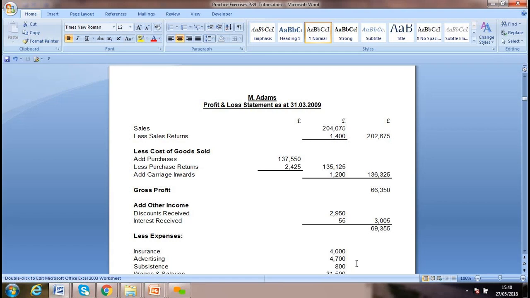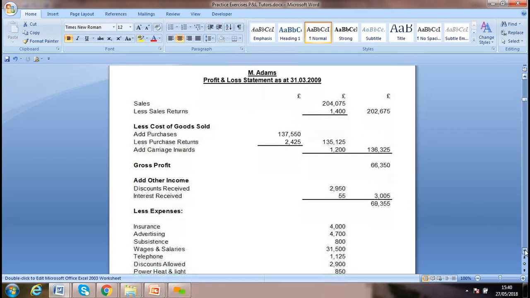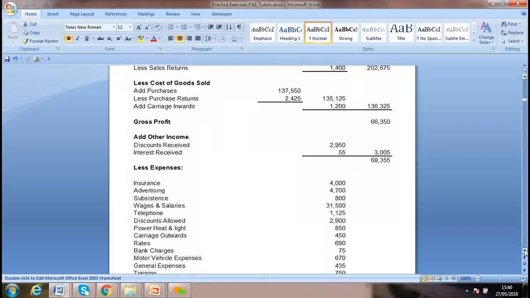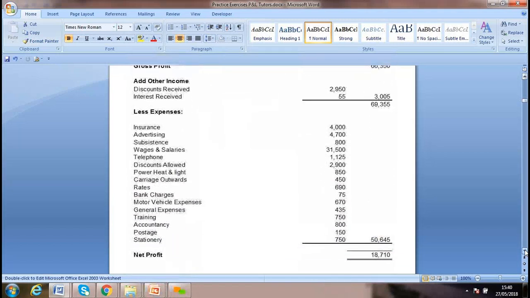Okay, then we minus all other expenses. Insurance is there. Is insurance income or expense? Expense. Advertising? The same, expenses. Wages and salary? Expenses. Well done.